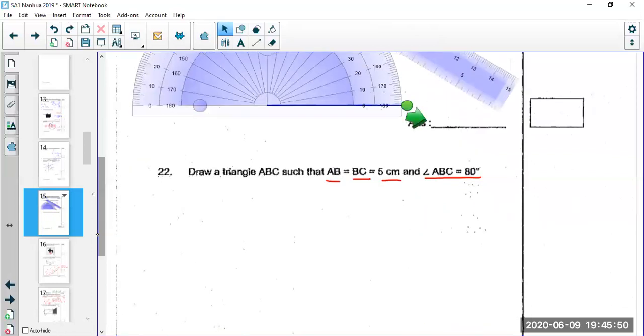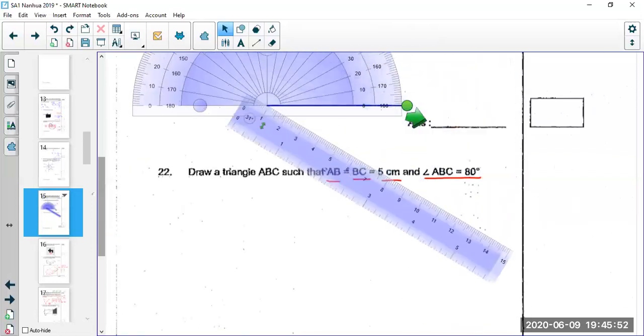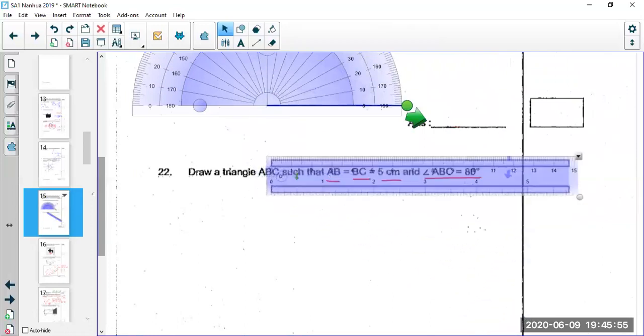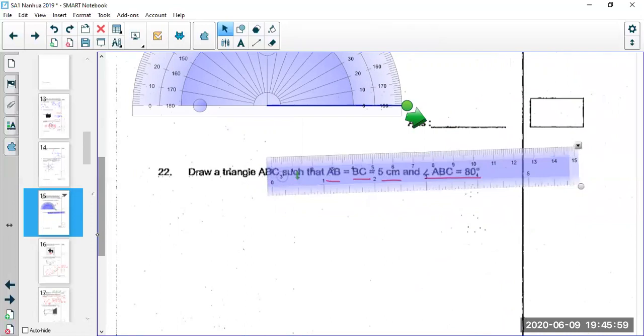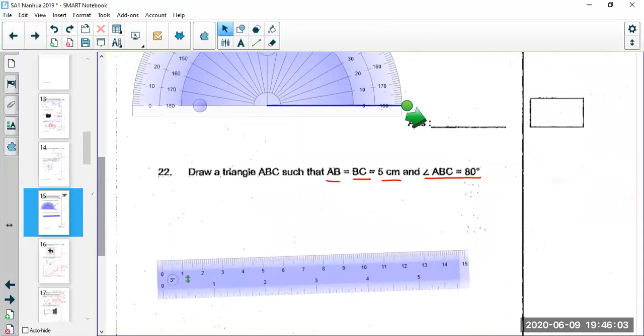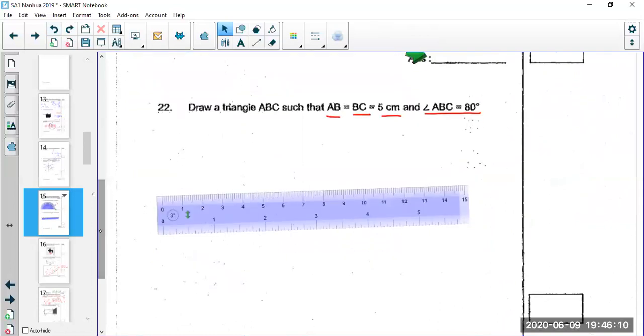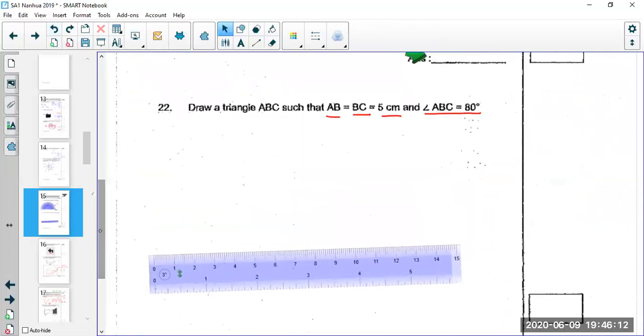Okay, how to draw? Now, you always start with a horizontal line. When you construct angles, when you draw any triangle or rectangle or whatever, you always start by drawing a straight line first. So you draw a straight line from here until 5 cm.